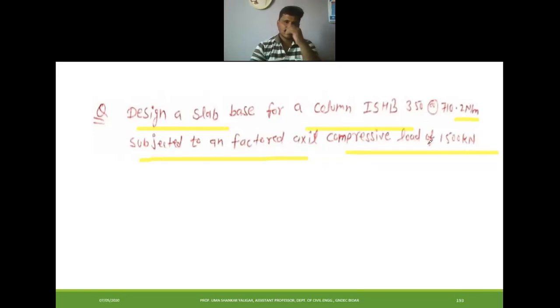Here he has given the section ISHB 350 at 710.2 Newton per meter and the factored axial compressive load of 1500 kilonewton. These are the given things.